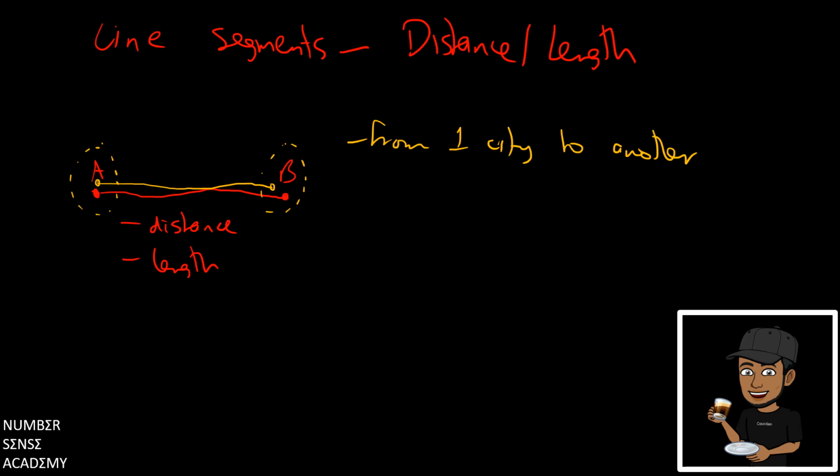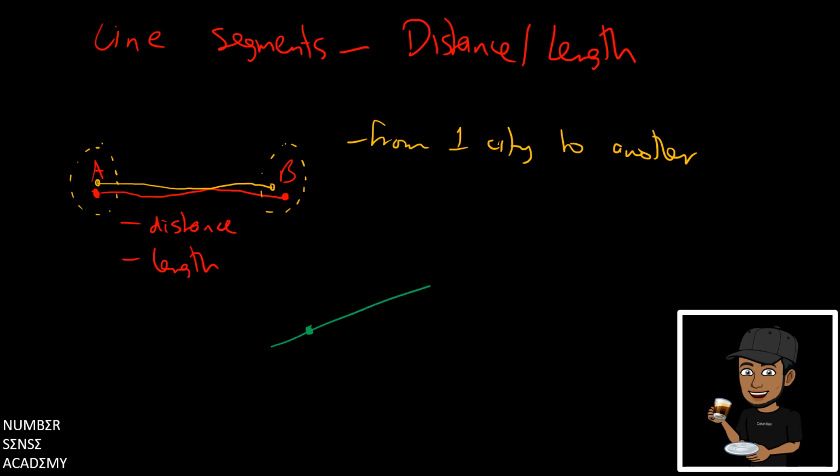Okay. So a couple properties. We know that the line segment, the length is fixed between the endpoints, and we just have to determine what that value is. And the important thing, remember that a line segment, it's just a part of a line.